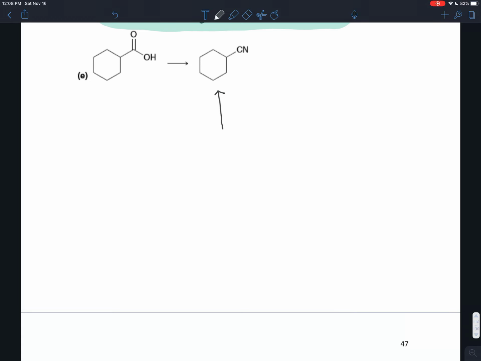The way that we learned how to make a nitrile, and we drew the mechanism for this in the video on the reactions of nitriles, was to make the nitrile by treating an amide with thionyl chloride.